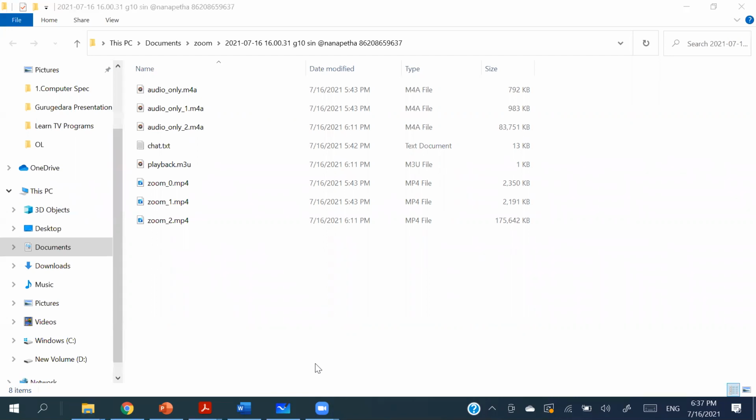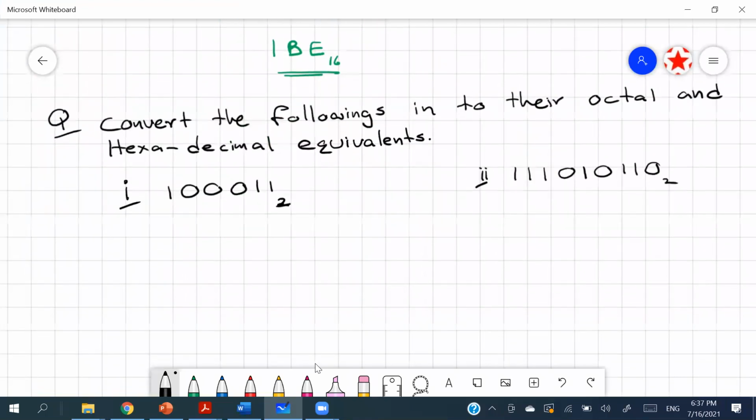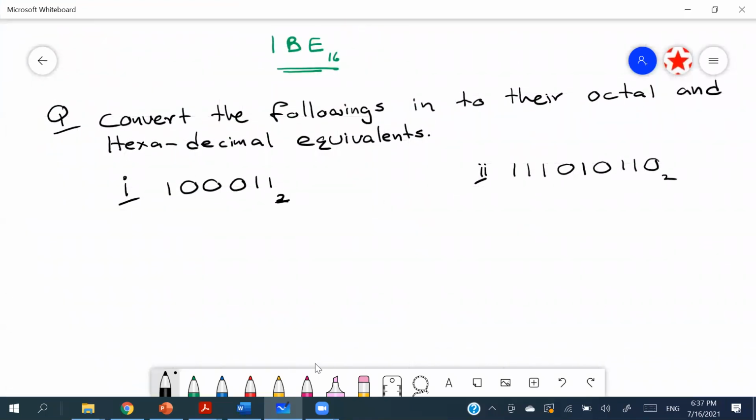Okay, so let me do these things for you. If anyone has any struggling points, it will be helpful to clear up the things, right? Metumli, octal conversion is correct.